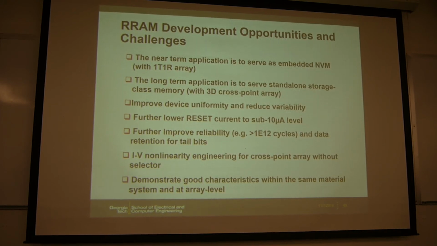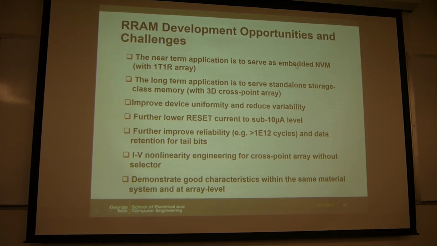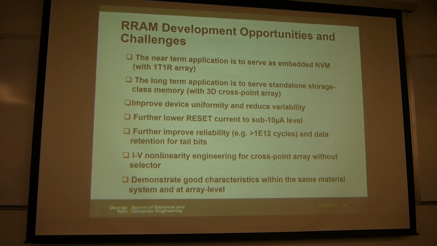Okay, so this is a quick summary. The near-term application is to serve as embedded non-volatile memory with the 1T1R array. And the long-term application, if we can do the 3D cross-point array with the possible selector built in, then it may serve as standalone storage class memory. But still, this kind of device needs to improve the uniformity and reliability, and reduce the variability.